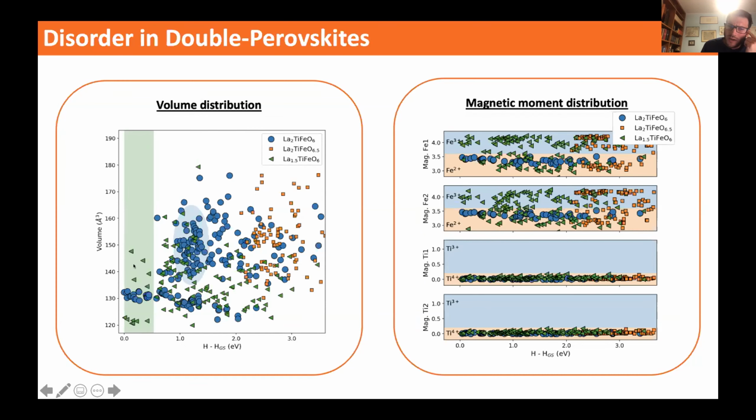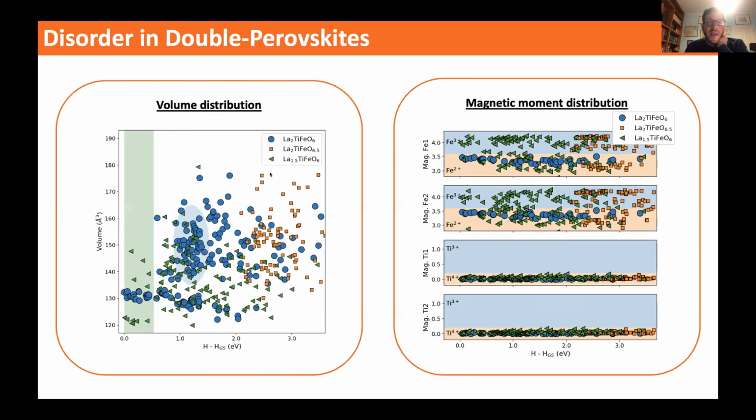And the volume, because if we want to obtain a crystal which presents vacancies that naturally fit into the crystal, you would likely expect to have unit cells with similar volumes.